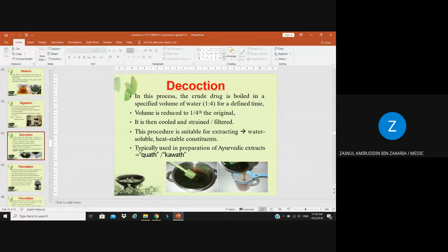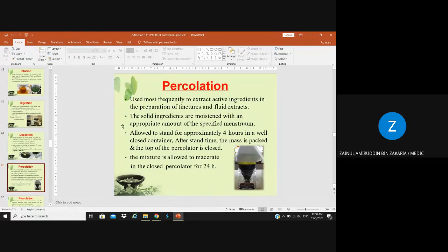Then you boil it, you give heat until the volume is reduced to a quarter. 1,000 becomes 250 ml. That is called decoction. Okay, so you have also percolation.